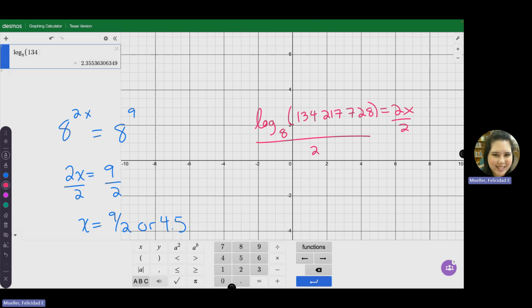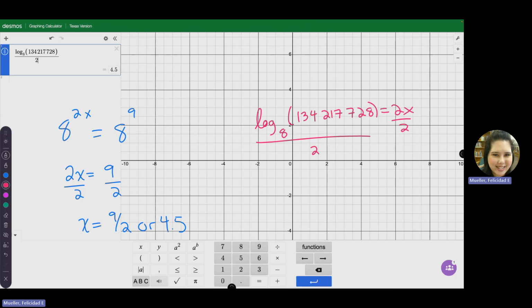Do not put the commas in when you're typing this in. 217, 728. 1, 3, 4, 217. Oh, 728. I missed the 7. So go back and put a 7. And we get equals 9. So we divide this by 2, and we get 4.5.